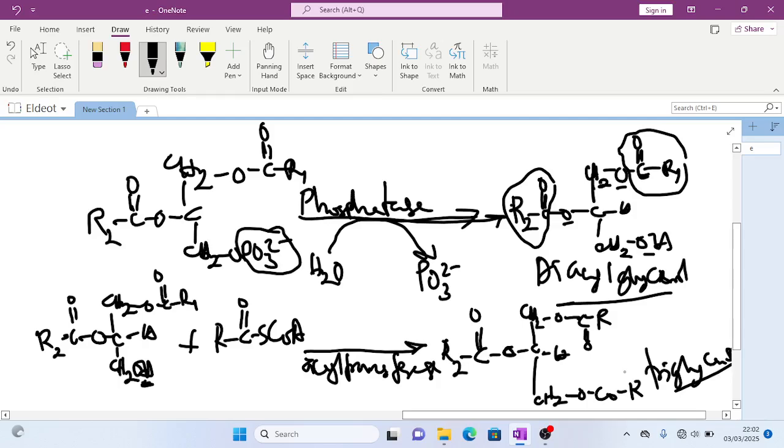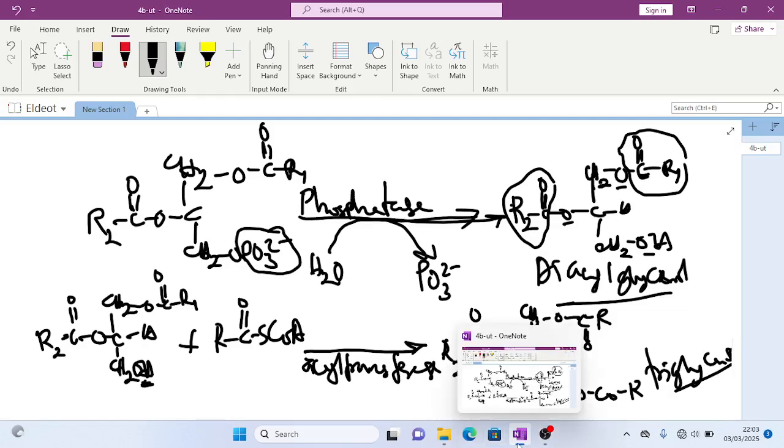So the two neutral phospholipids are phosphatidylcholine and phosphatidylethanolamine. I'll take it again. The two neutral phospholipids are phosphatidylcholine and phosphatidylethanolamine. So how are these neutral phospholipids generated?